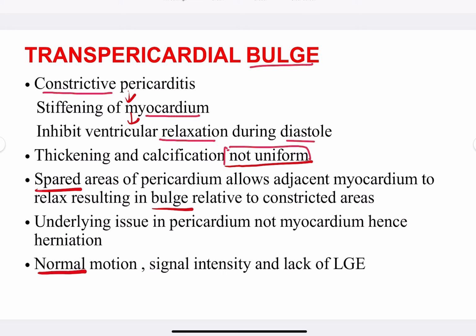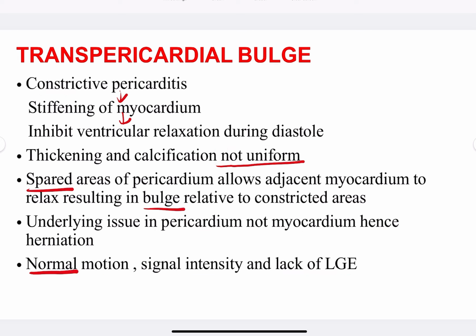So there will be spared areas of the pericardium and those areas will result in normal bulge relative to the constricted areas. Now basically the underlying issue is in the pericardium and not the myocardium, and hence we use the specific term herniation and not outpouching. Because this bulge is basically the normal tissue that is bulging, so it will have normal motion, signal intensity and lack of late gadolinium enhancement.